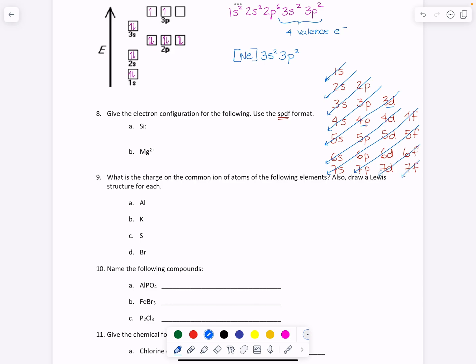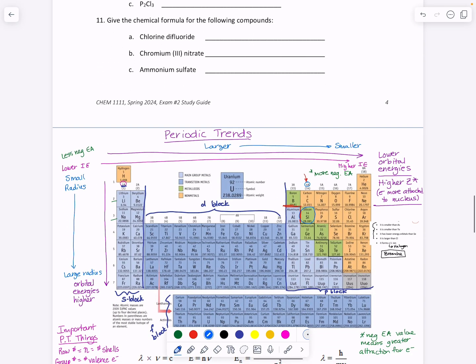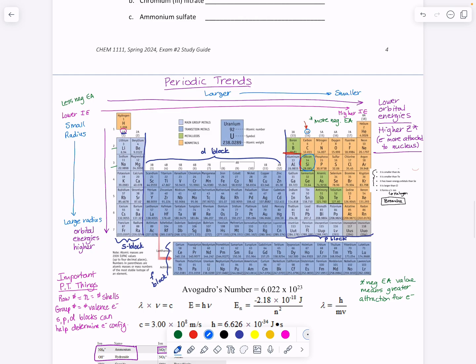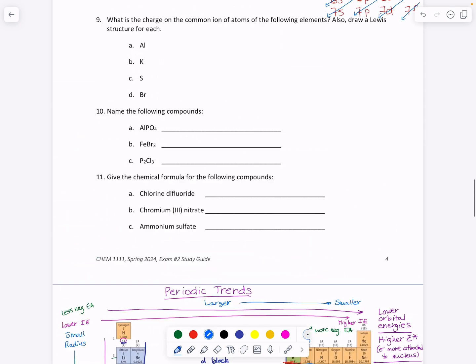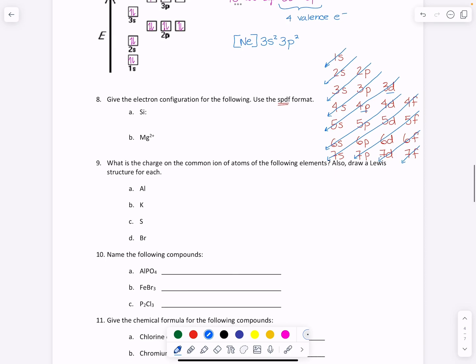All right. So silicon, we look at it, it's over here, it's element number 14. So we have 14 electrons to place. Our s orbitals can have 2 electrons. So we go 1s2, and then our 2s orbitals will be the ones that fill next.